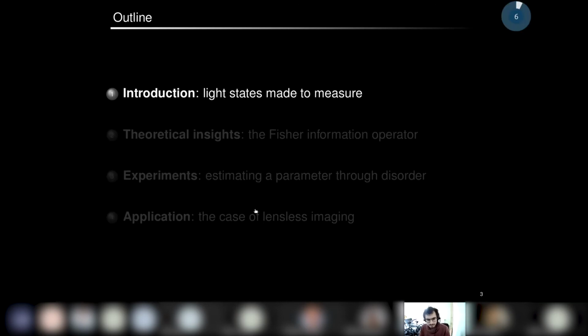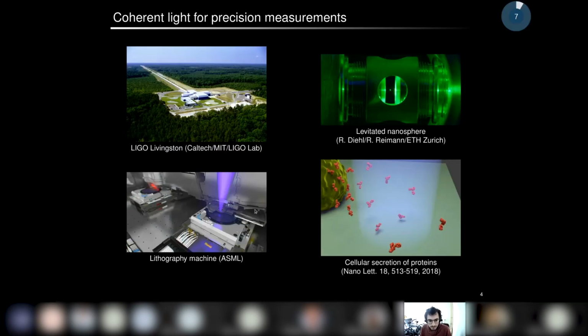So to start with, I'd like to explain what I mean by light state made to measure. I first want to introduce it by showing how coherent light is a great tool for performing precision measurements. Here, for instance, in this example, people are trying to estimate the path length difference between the two arms of the interferometer very precisely in order to detect gravitational waves.